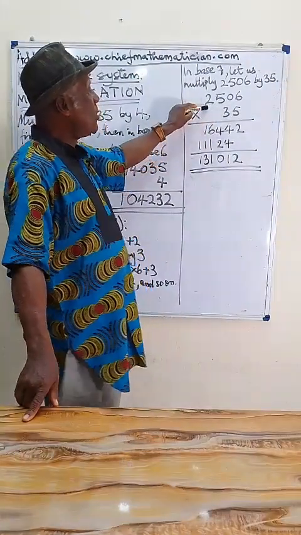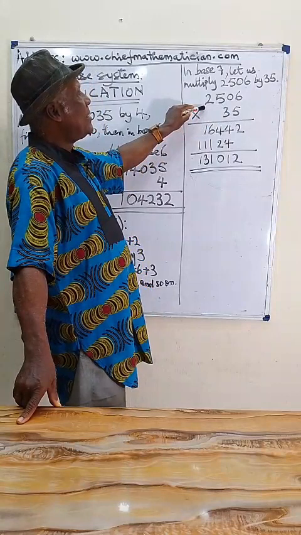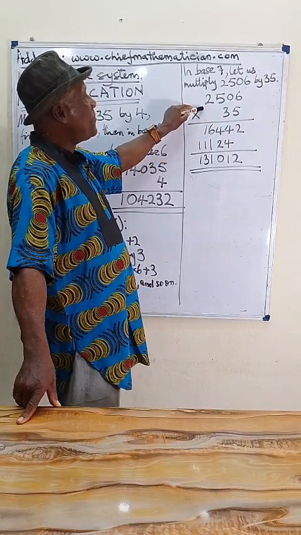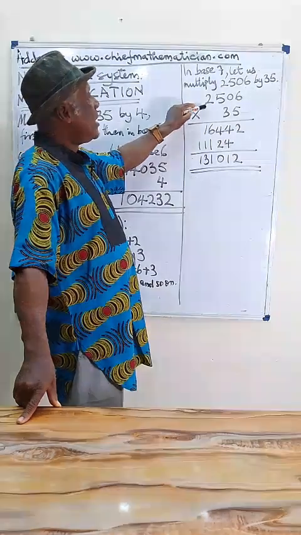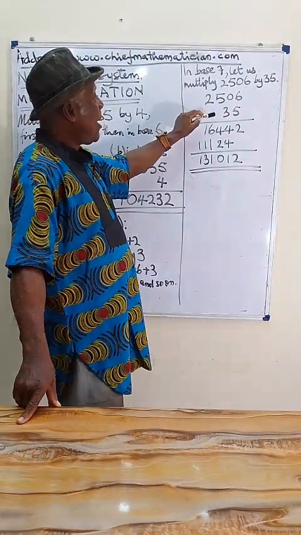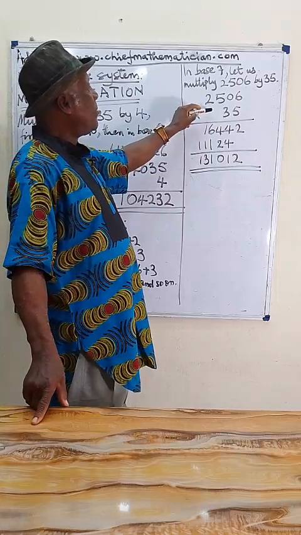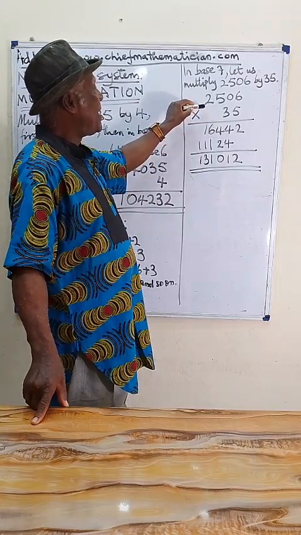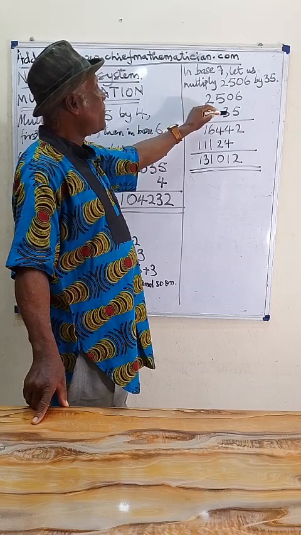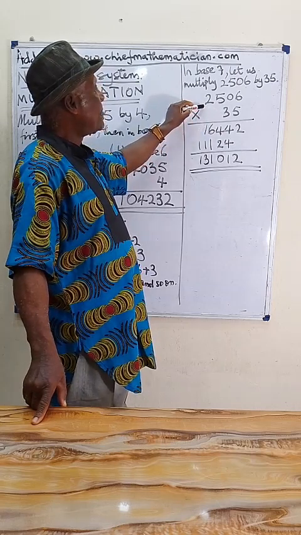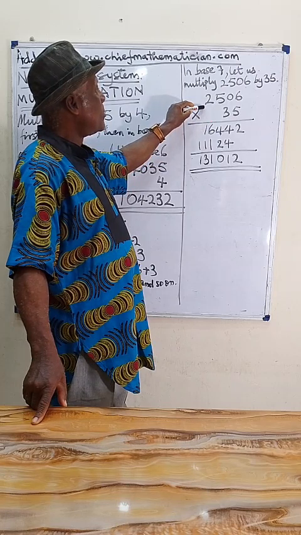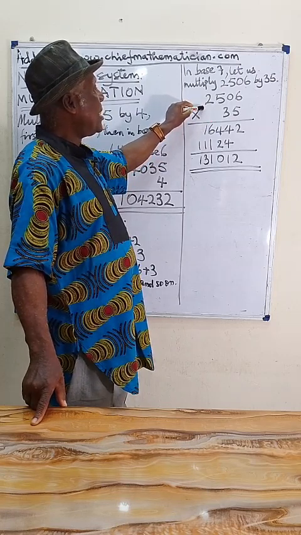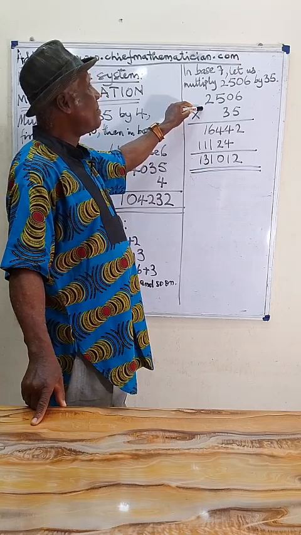5 times 2 will give you 10. Plus the 3 we are carrying gives us 13.